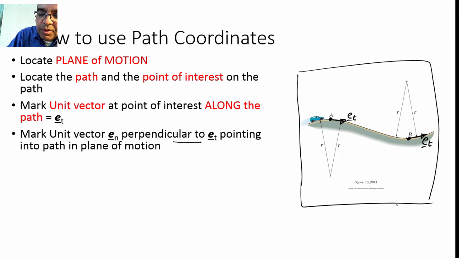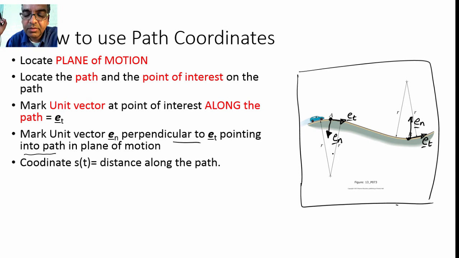It has to be perpendicular to ET, and it has to be pointing into the path in the plane of motion. What I mean by pointing into the path is that it should be pointing into the curvature. That's called EN. That's called the tangent direction and normal direction.